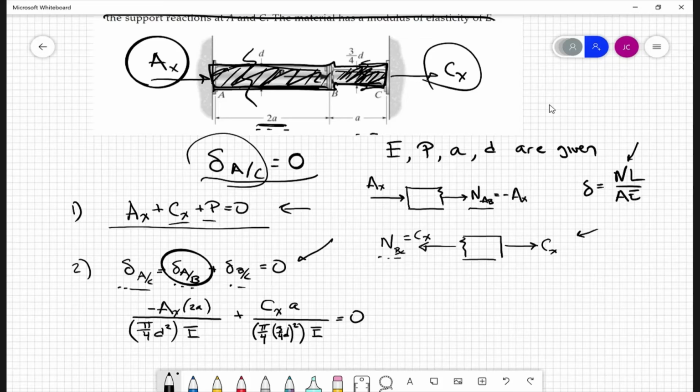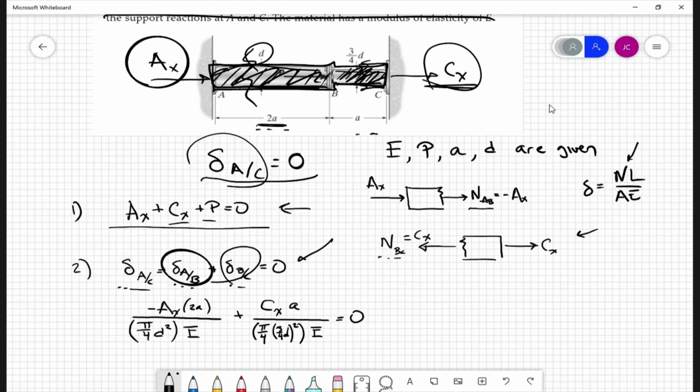So there's the diameter, it's D. And then Young's modulus is E. For the second segment, the elongation of that is its force, which is CX, the force inside of it. Its length is just A. And its cross-sectional area is pi over 4 times its diameter squared, but its diameter is 3/4 D, so I put that in there, right? And the Young's modulus is E.